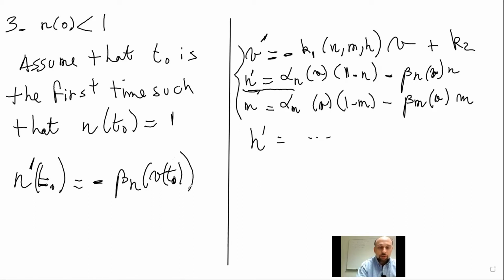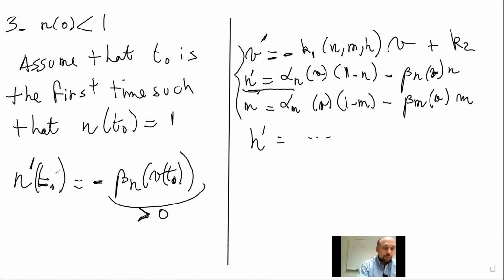And we know from the last lecture that this is positive, right? But this is a contradiction because for t less than t0, n is less than 1.